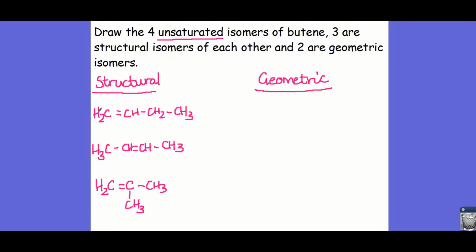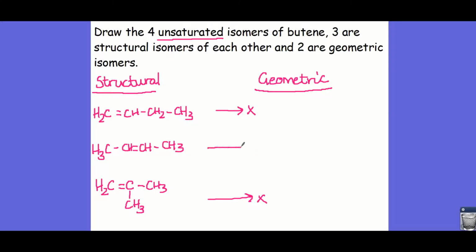Because this carbon has 2 hydrogens, there will not be a geometric isomer. Let's go down to the bottom one. This is in the same position. No geometric isomer. But this one probably does.